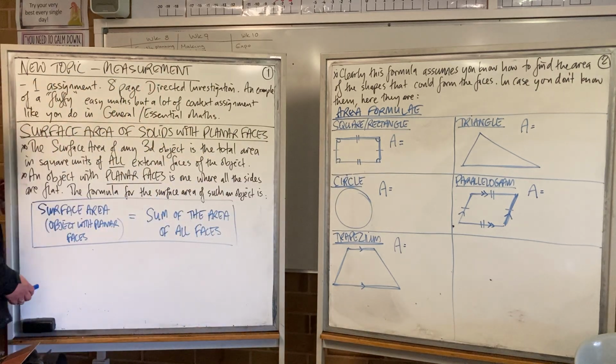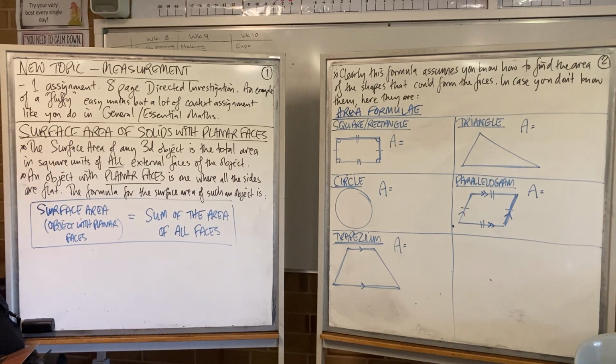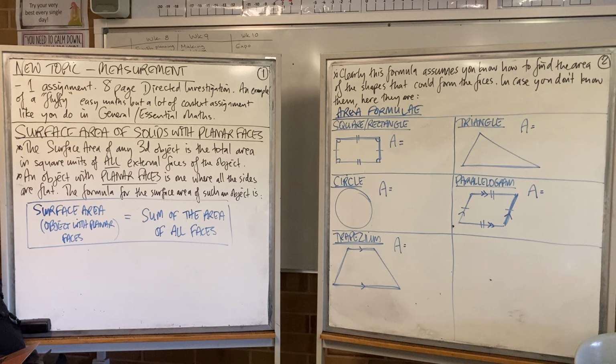So what is surface area? The surface area of a solid with planar faces is what we're doing today. The surface area of any 3D object is the total area in square units of everything on the outside. An object that's got planar faces is one where all the sides are flat. So all we're dealing with today is a shape that's 3D, but every side is flat, no curves.